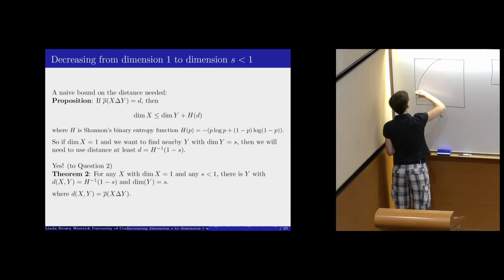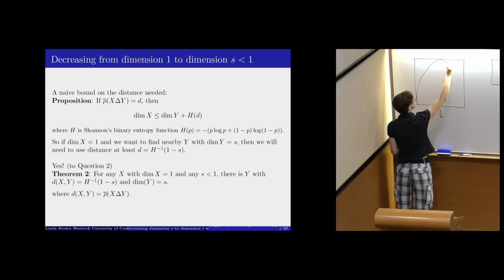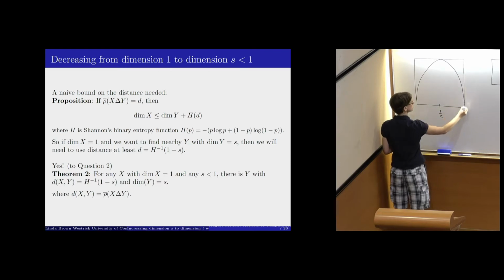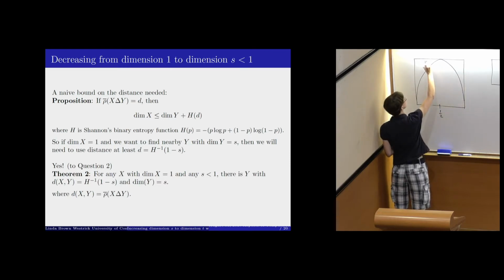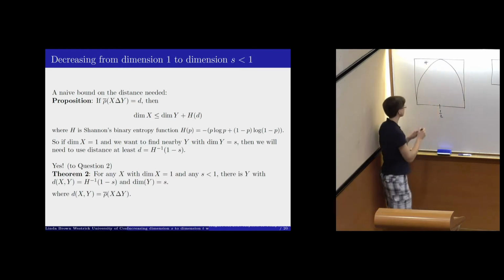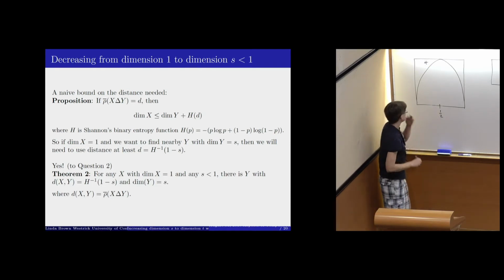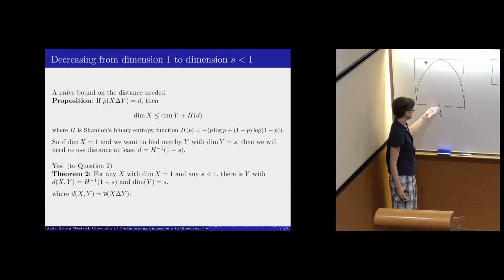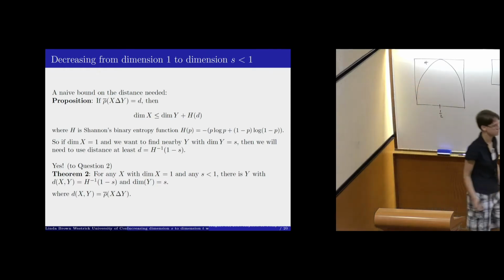So here's the graph of that binary entropy function, h. With density 1/2 of bits, you can get fully random sequences. And with some smaller density of bits, there's some limit on the amount of information that you can encode in those sequences.